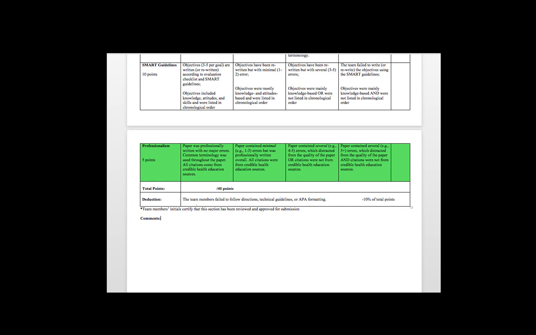The next box, we see that there are significant errors or citations did not come from credible health education sources. And then in the last box, you see that there are several errors that distracted from the quality of the paper, and citations were not from credible health education sources.